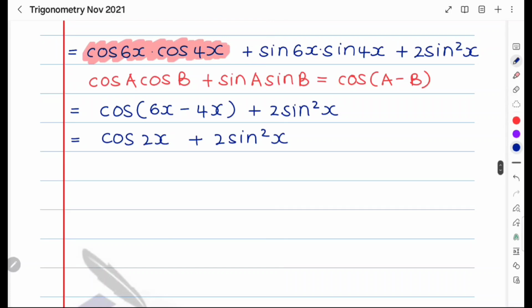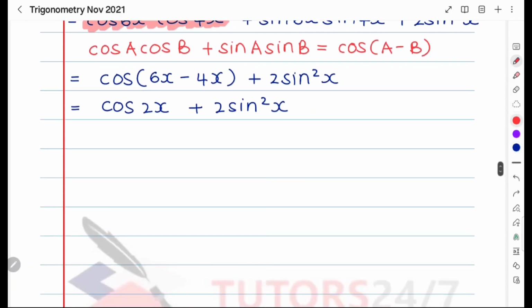Now we need to try to simplify this. Something important to take note of is that cos 2x is a double angle. So we can turn this into something that has sine squared in it, so we can add it to this 2 sine squared x. We know that cos 2x is equal to 1 minus 2 sine squared x.